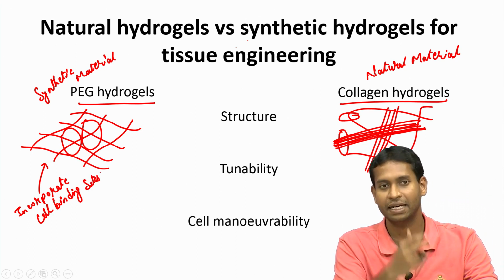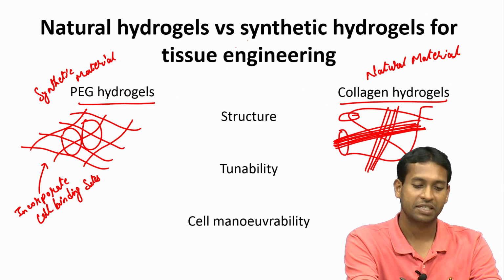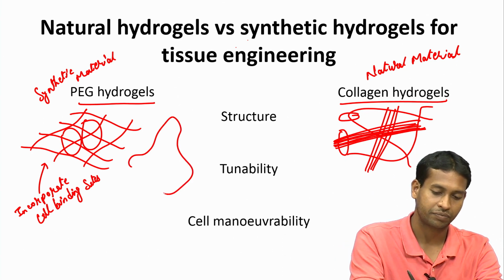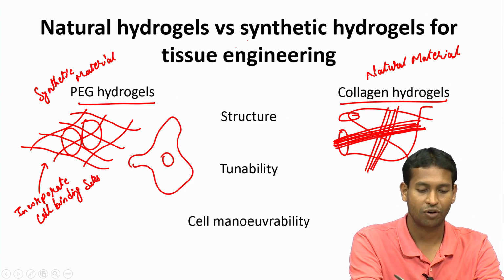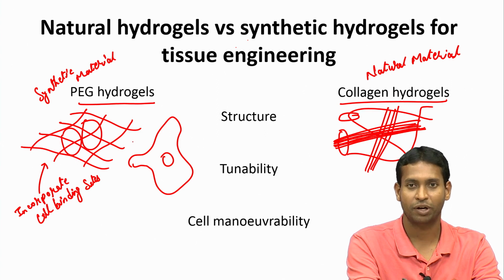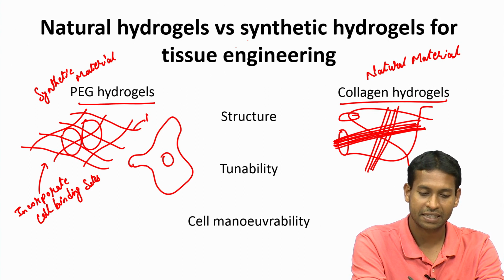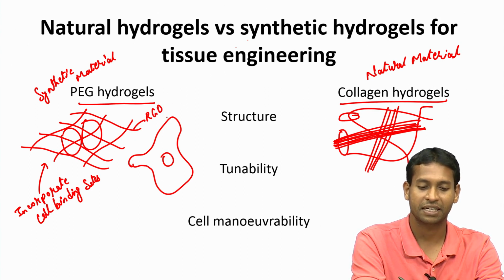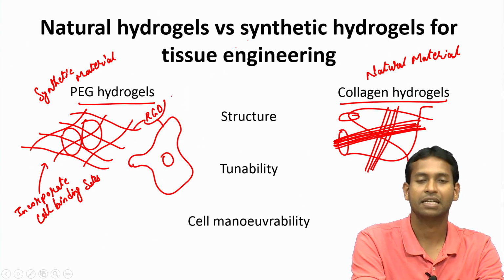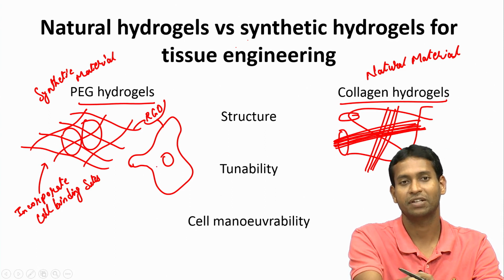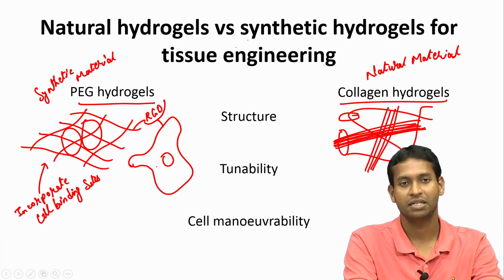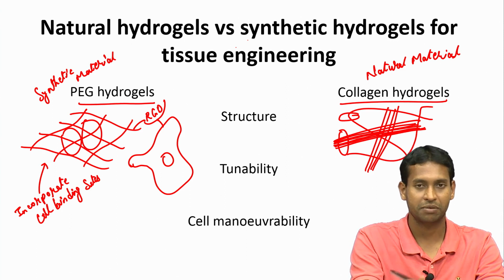What I mean by that is, if the cell comes in and wants to interact with this, at this point the PEG chains do not have any ligands. Unless I put in a ligand, let us say RGD that we talked about in the previous case, the cell is not able to bind to this. Only if there is RGD or some other sequence can the cells actually bind to these matrices.